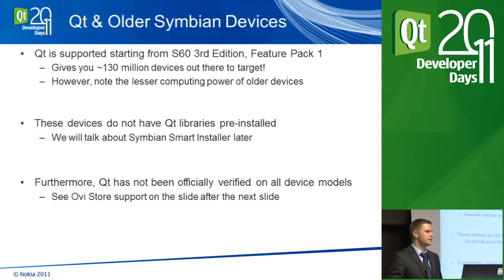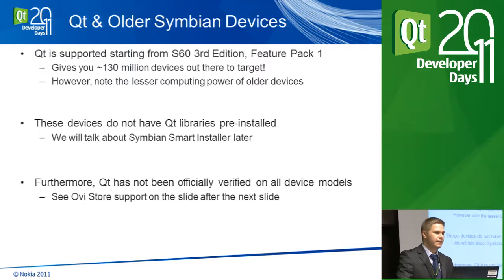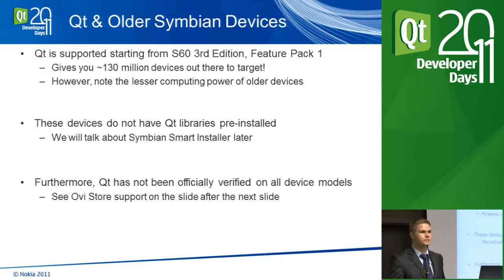And that means that you should start from Symbian 1, meaning S60 5th edition devices. If you limit your application to these devices, that gives you about 100 million devices at the moment out there. And I hear that there's 150 million more to come in very short future. So huge number of devices.